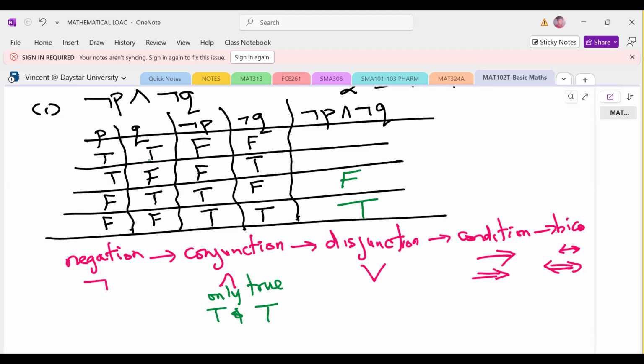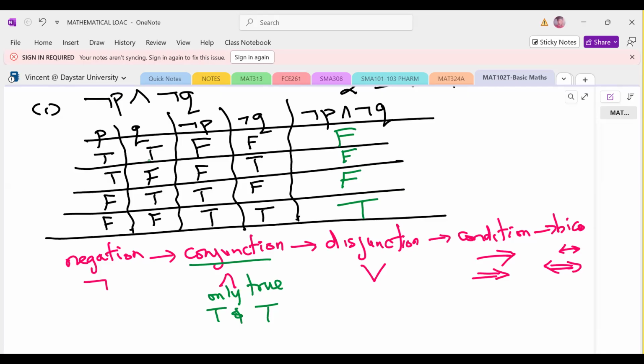False and true, false. False and false, false. So it's not very hard to interpret on a truth table: you put true only where there is true and true, when dealing with conjunction. But if they are mixed up, where there is an F you put F. Okay?